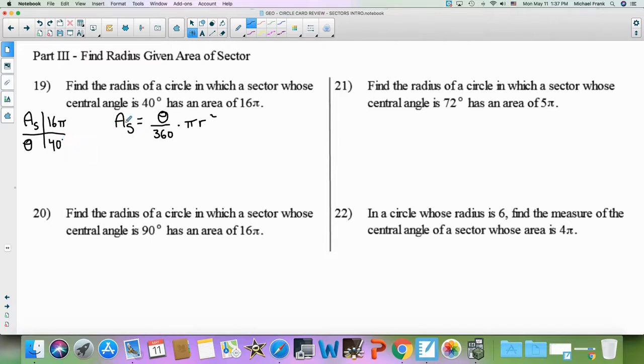So I'm going to substitute the area of the sector here at the beginning. Say, well, 16 pi is equal to 40 out of 360 times pi r squared. If I simplify 40 over 360, that's 1/9 times pi r squared.